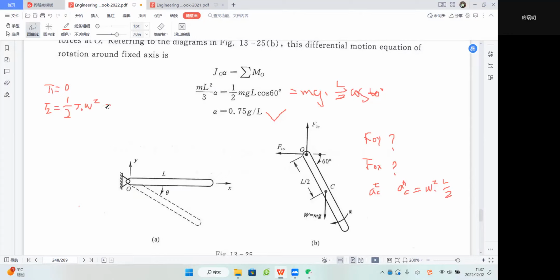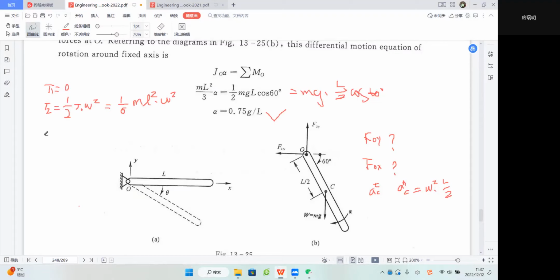Because J_O is 1/3 m L squared, we will have 1/6, because we times 1/2. So here will be 1/6 m L squared times omega squared. This is the kinetic energy of this bar at this position.